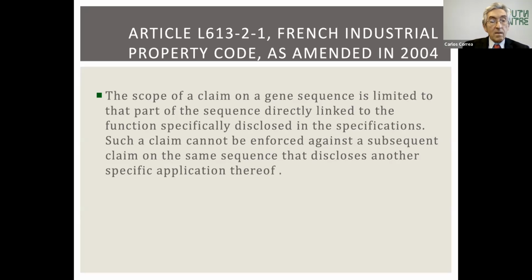And it clarifies such a claim cannot be enforced against a subsequent claim on the same sequence that discloses another specific application thereof. So it's clearly stated that if a gene is patented, it will be the specific function which is protected. Next one.